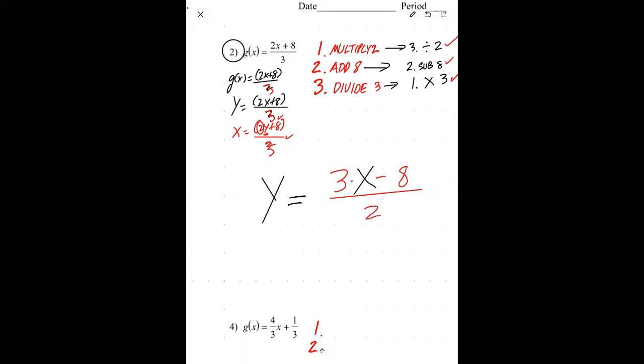And I'm done. And what I would do is write this with the inverse notation. So 3x minus 8 divided by 2. That's the inverse of 2x plus 8 divided by 3. So we're done.